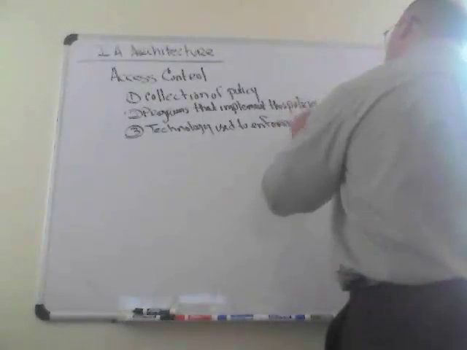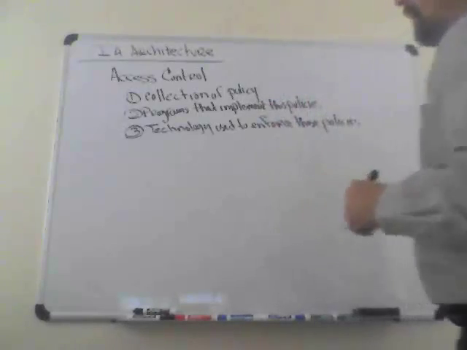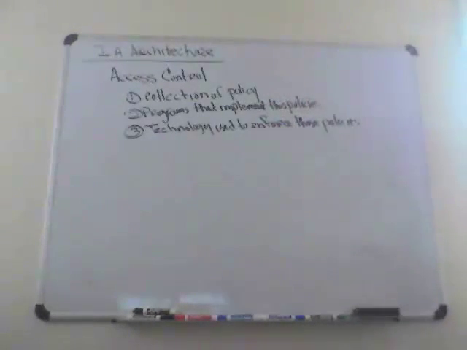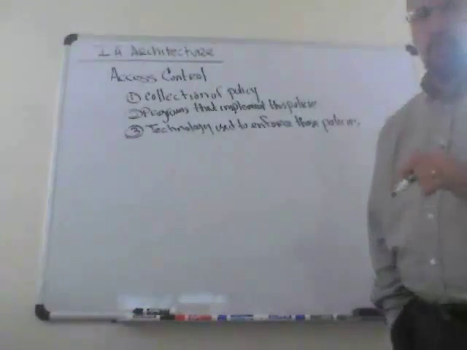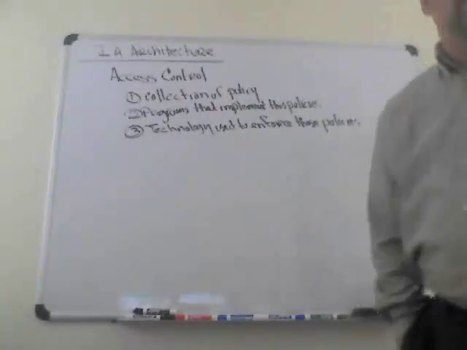So if we look at these three bullets as they relate to access control, it will really help us develop our information assurance architecture as we move through the model.